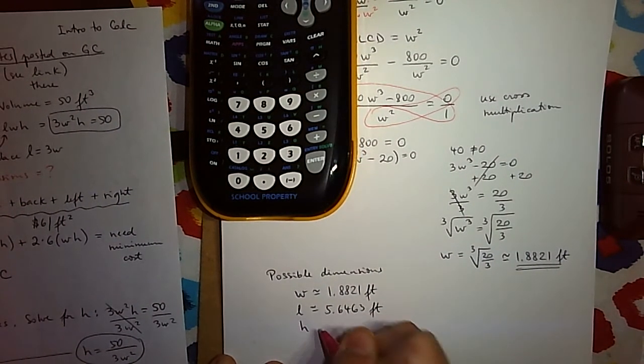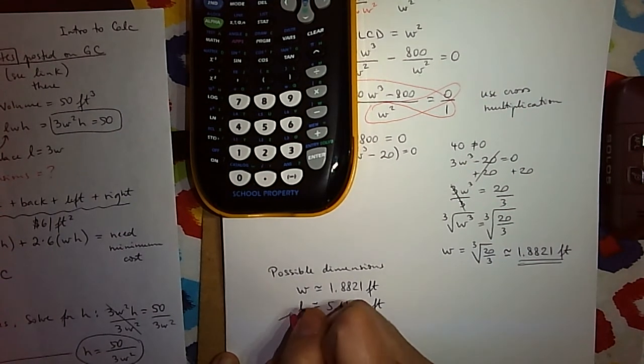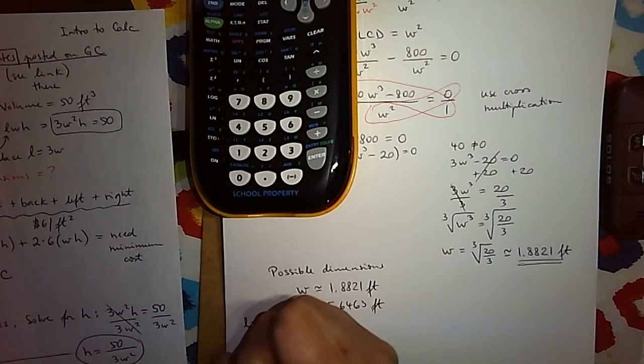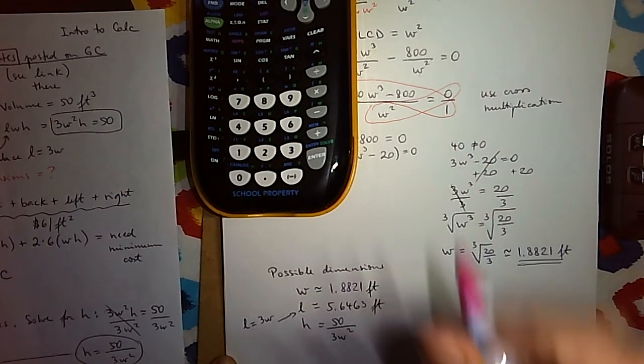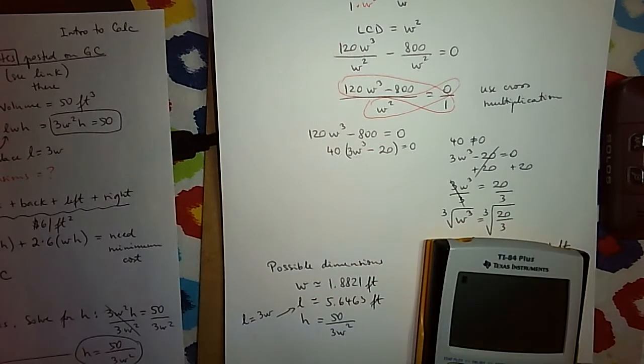And then my H was about 50 over 3W squared. So this one, L was 3W, and H was 50 over the 3W squared. So I have to calculate this again. 50 divided by 3 times 1.8821 squared.